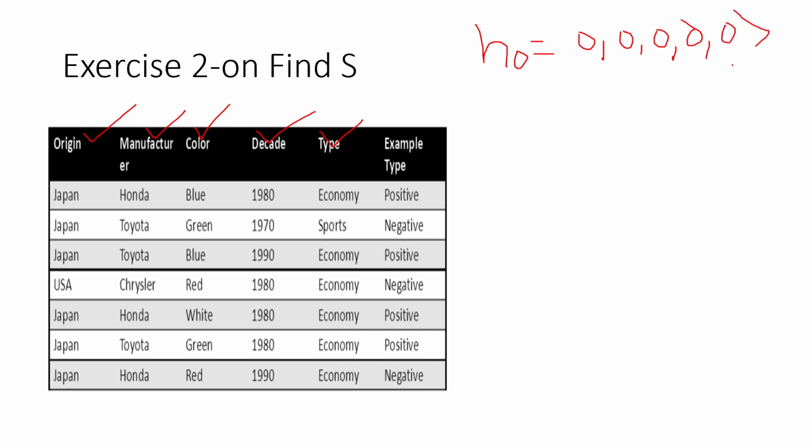So these five parameters are initialized to null. The first example is a positive example. So H1 is equal to Japan, Honda, blue, 1980, and economy.